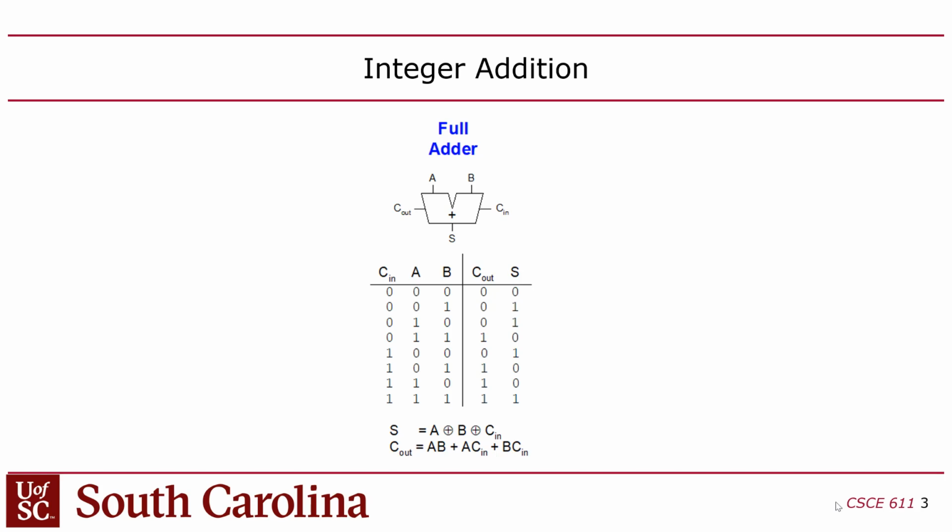So if A and B add up to a value of 2 by themselves, just A and B, without carry-in, if I have 1 and 1 for A and B, then I'm looking at this row and that row. There's only 2 rows there where A and B are both 1. But in both of those rows, I have a carry out.